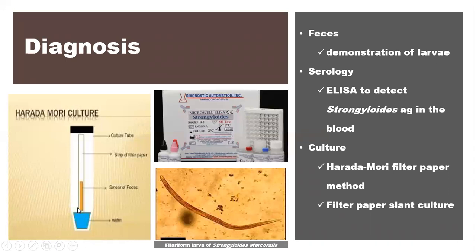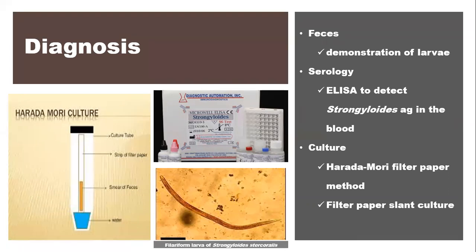So the water should not actually touch the area where you have smeared this patient's stool. And then you're going to incubate this at room temperature, which can range from between 25 to 30 degrees centigrade for 10 days. And every day, you take a small aliquot of this and look at it under the microscope. Anytime you take out water, you must replace it because it mustn't get dry.